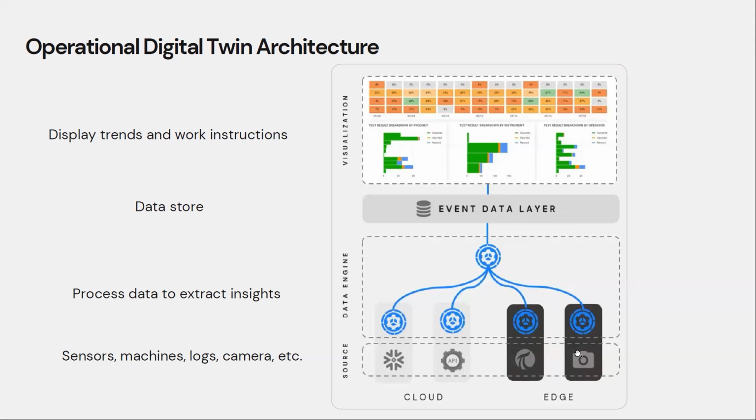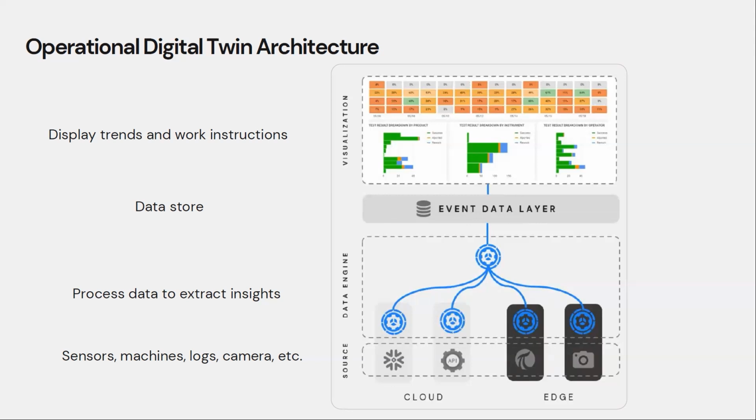Now you have to be able to take that source data and process it in something called a data engine in order to extract the insights you need to display. And the insights are typically stored in a database or data warehouse. We call it a data layer.